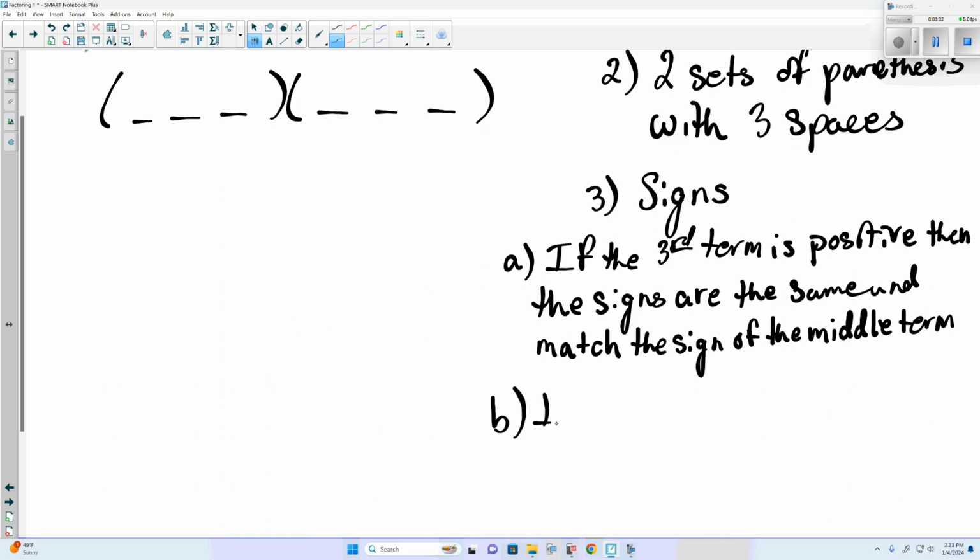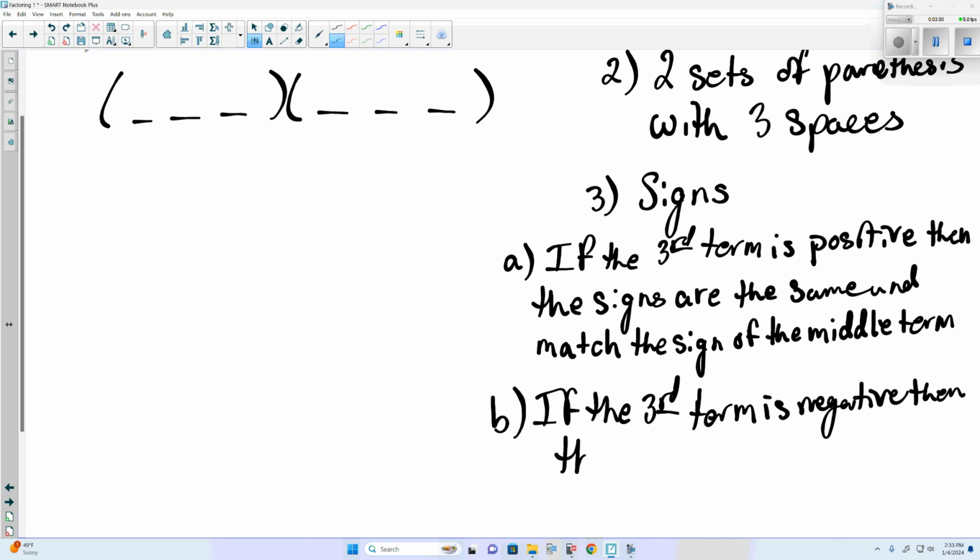Now there's only one other case, and that's if the third term is negative, then the signs are opposite. If the third term is positive, then the signs are the same and match the sign of the middle term. If the third term is negative, then the signs are opposite.